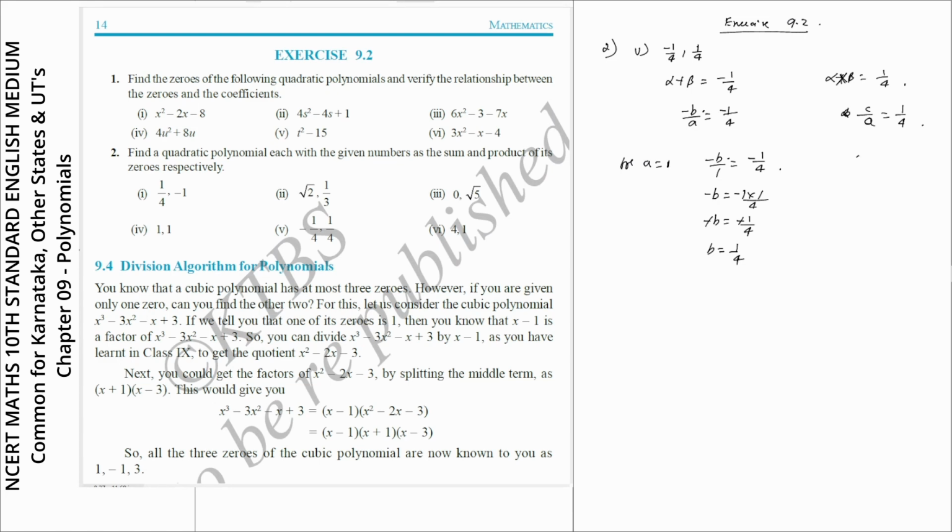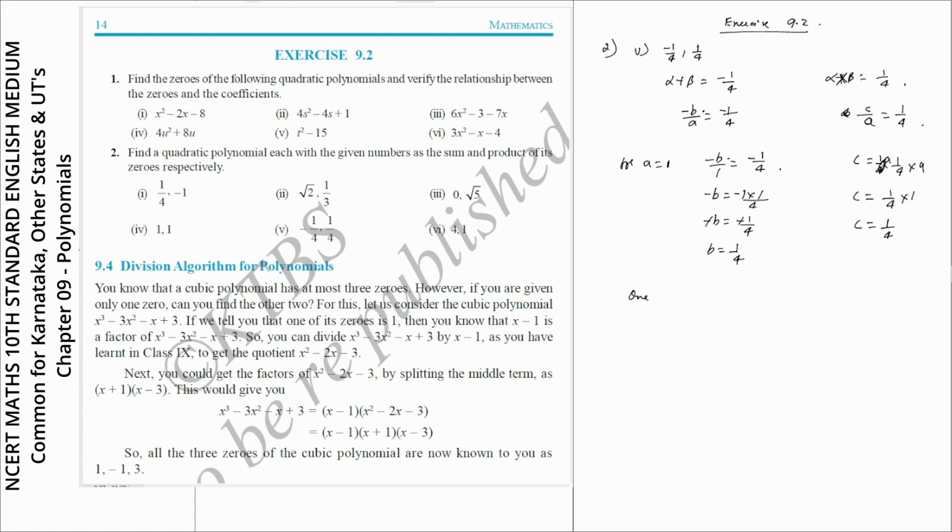Coming here, c is equal to 1 by 4 into a, I will get here 1 by 4 into a. So c is equal to 1 by 4, a is 1, so 1 into 1 is 1 by 4. So c is equal to 1 by 4. b also I will get as 1 by 4.